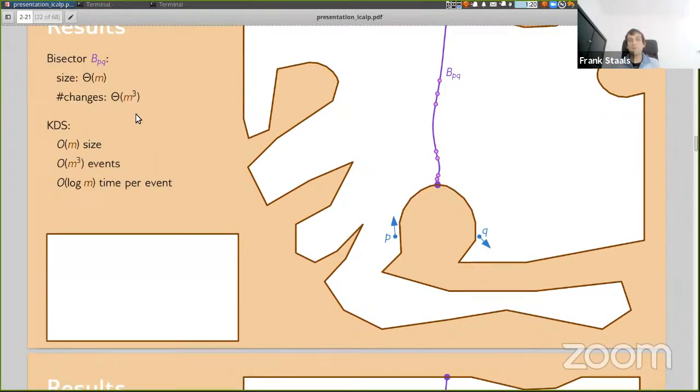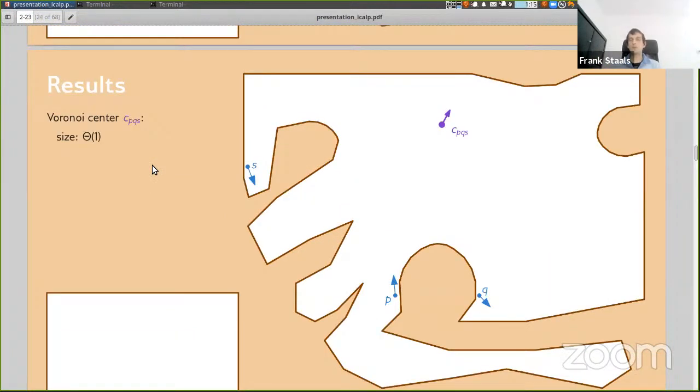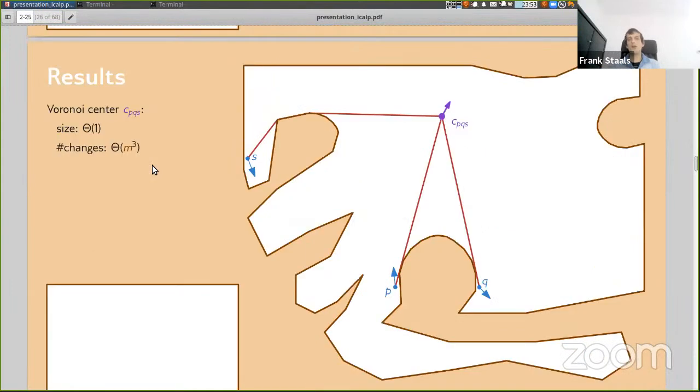The important thing is that this bound is tight. If I have three sites, then you can talk about a single Voronoi center, a point that is equidistant to all three sites. And there we see the same thing: you can get a cubic number of changes in how this point moves as a function of how the original three points are moving.